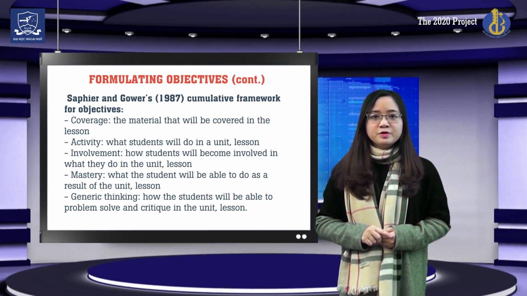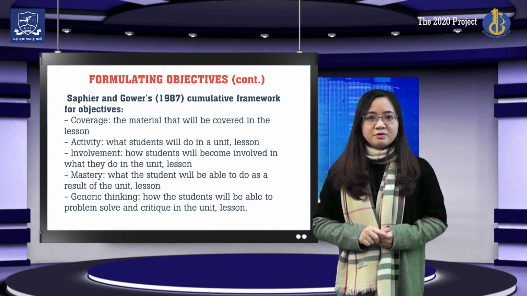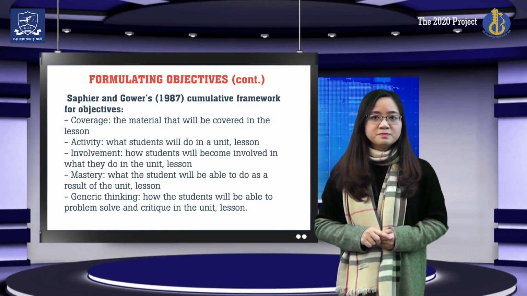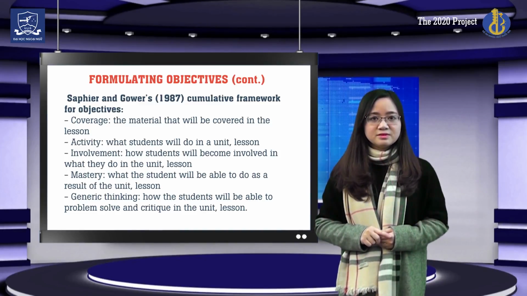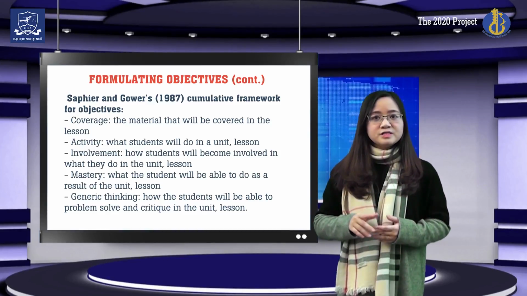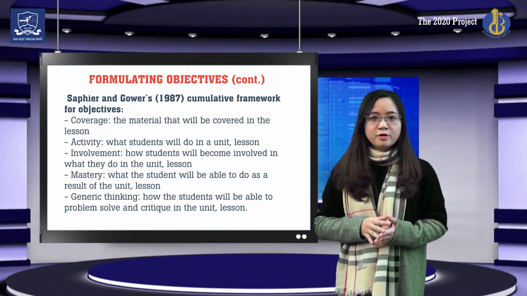For example, to use and describe two different reading strategies. Generic thinking objectives, also called critical thinking objectives, describe the metacognitive problem-solving skills the student will acquire. For example, to explain how they decide which reading strategies are appropriate for which text.